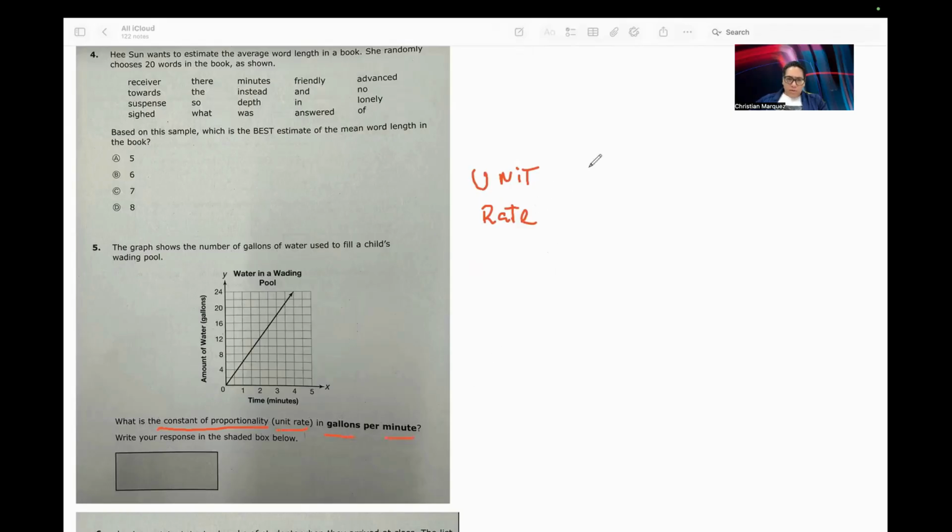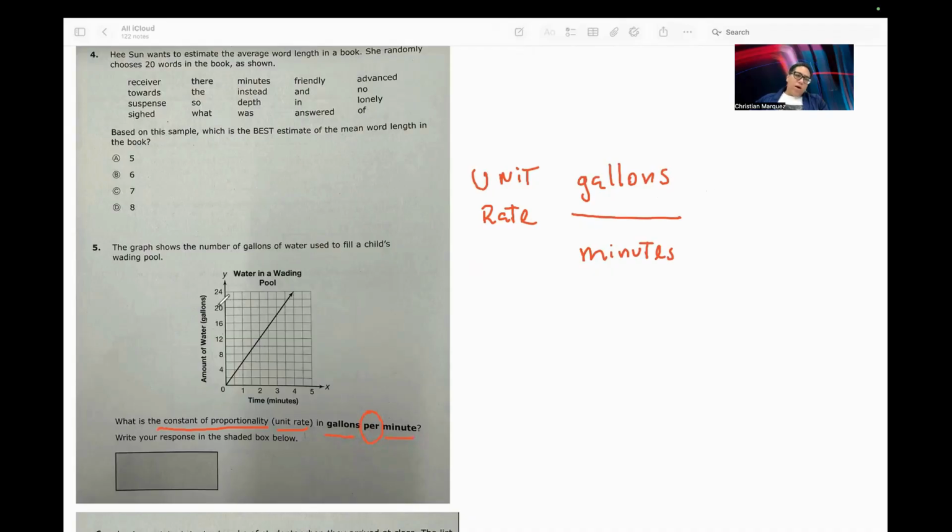If you want some extra help, you can use these two words, write down gallons. The word per in this example means division, and minutes goes over here. So you're trying to calculate the number of gallons over minutes.